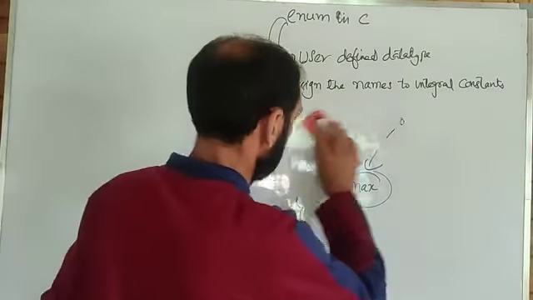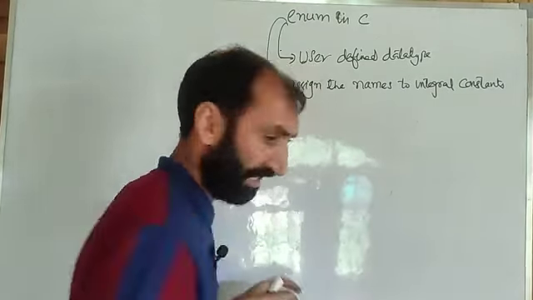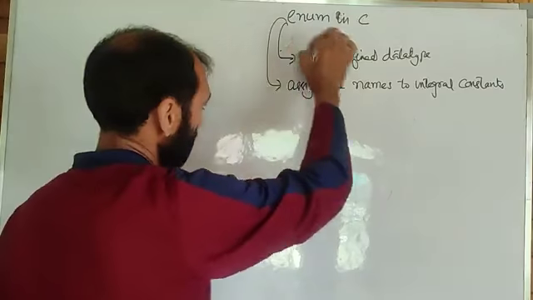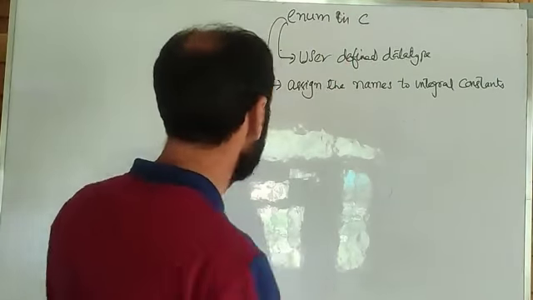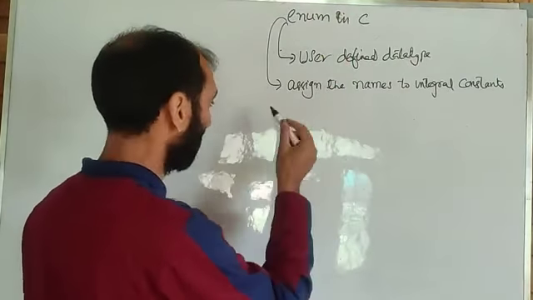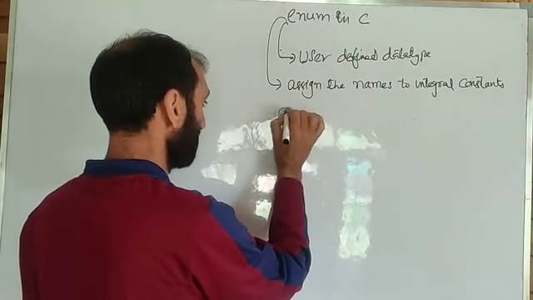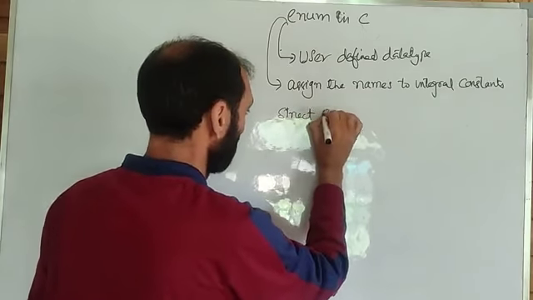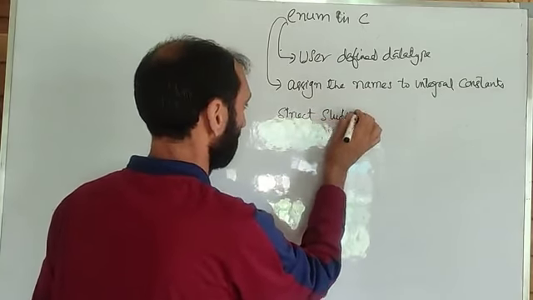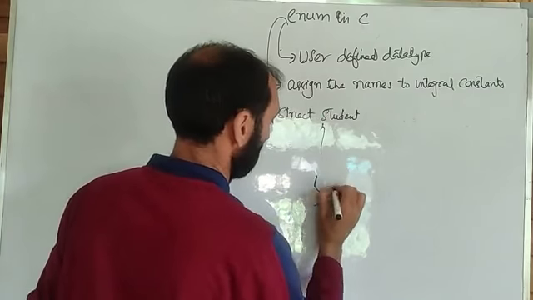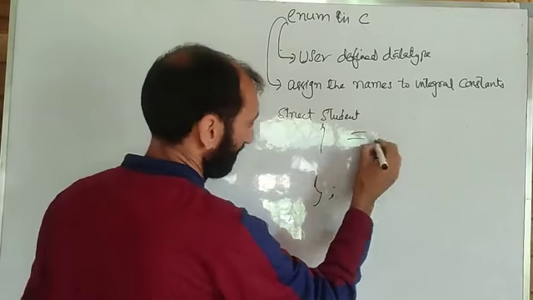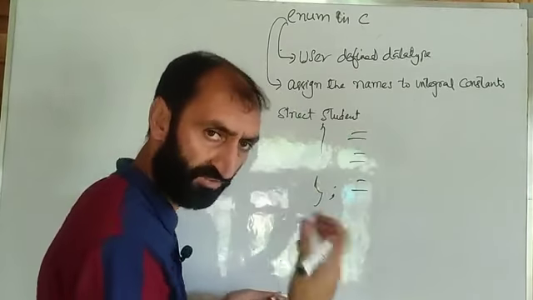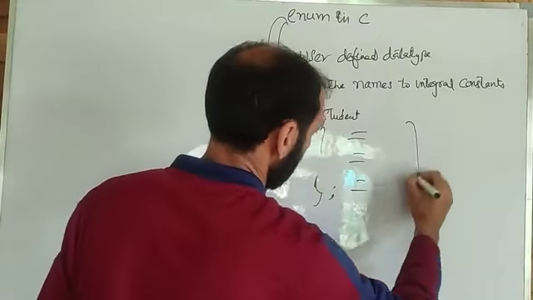Now, enum is a user-defined data type just as the structure. For example, if we define a structure, we simply write struct, then the name of the structure, for example student, then the body with the names of the variables and functions.